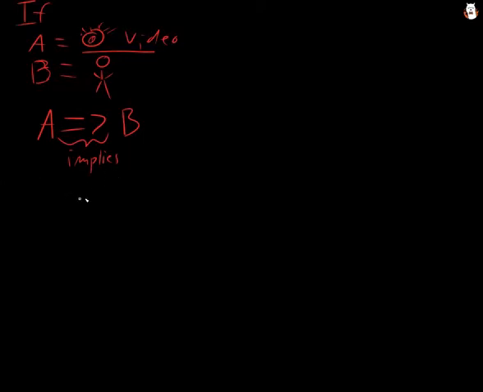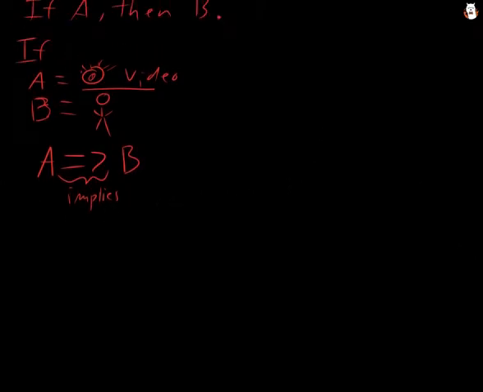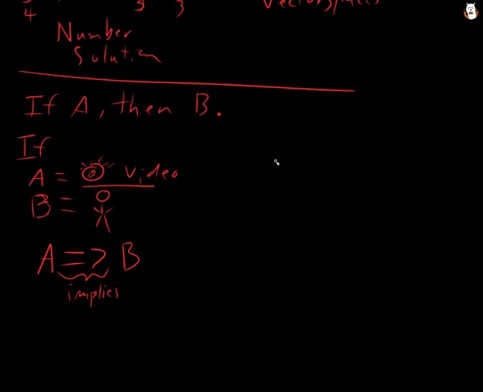Now, we can switch up the order of this if, which you'll very often find, in the following way. Let's do it with B. So we have B if A. Here this is saying B is true if A is true. This can be interpreted as you are human if you are watching this video right now.